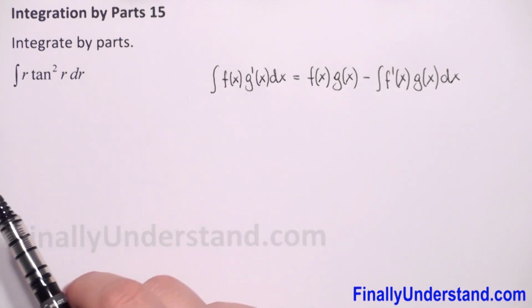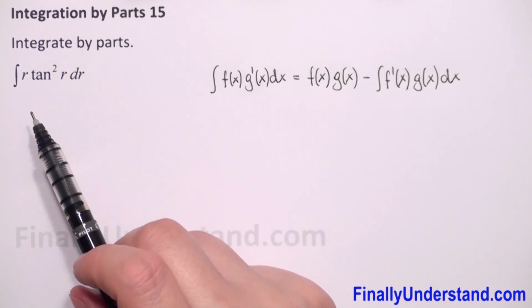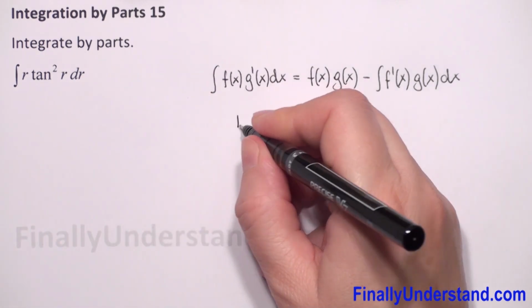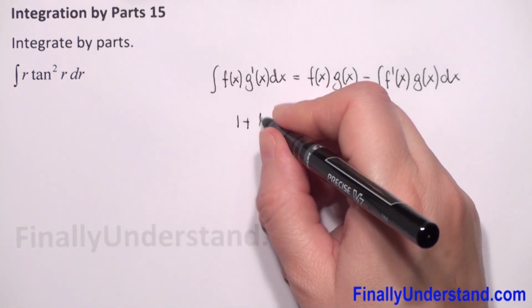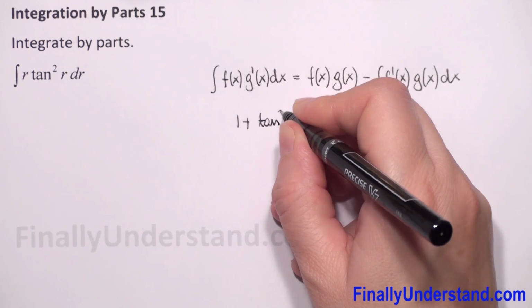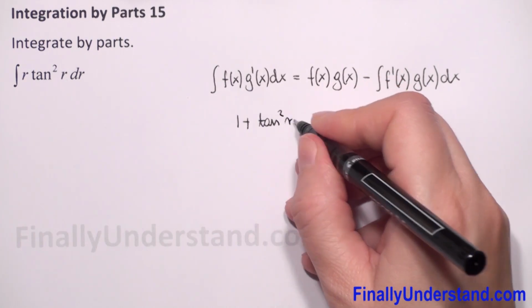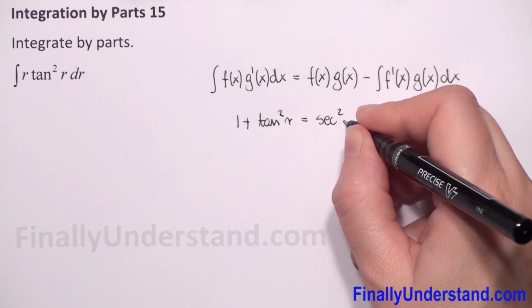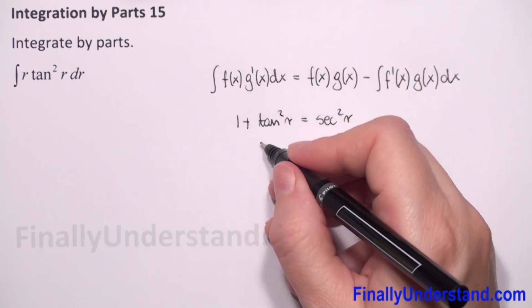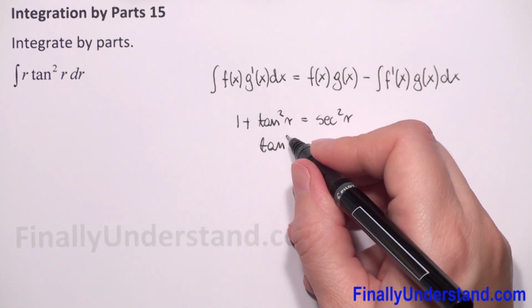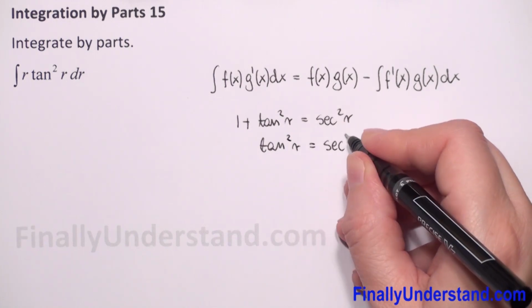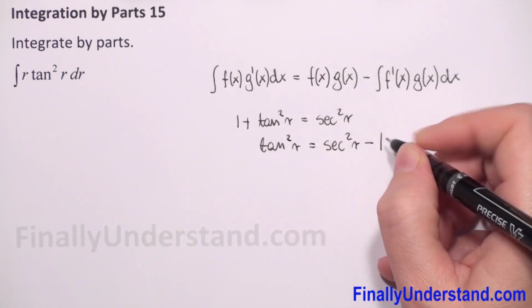So first, what I do here, I will change tangent. We know that 1 plus tangent square of r is equal to secant square of r. So our tangent square of r is equal to secant square of r minus 1.